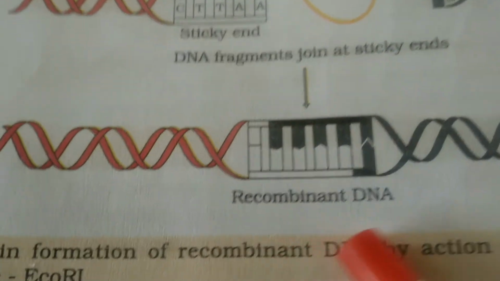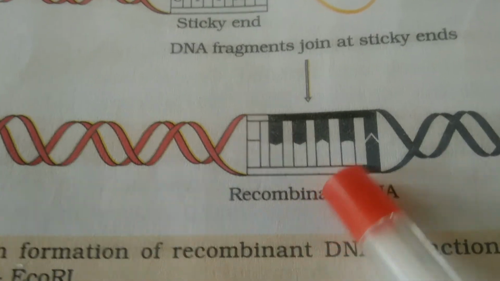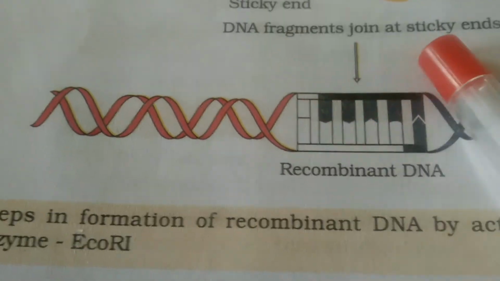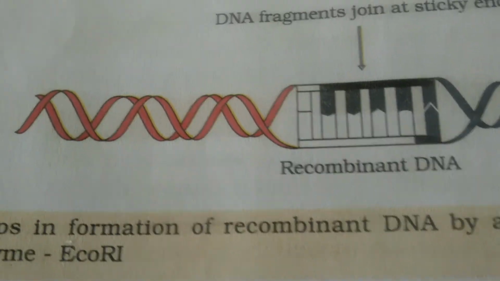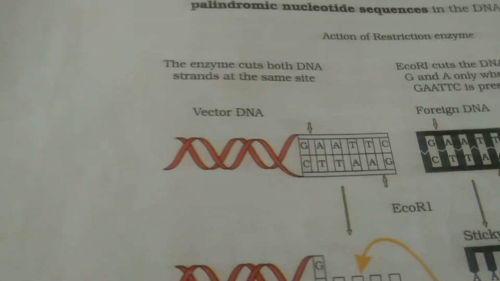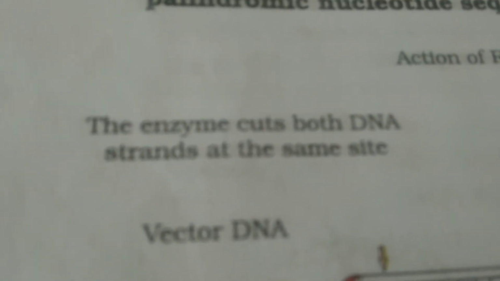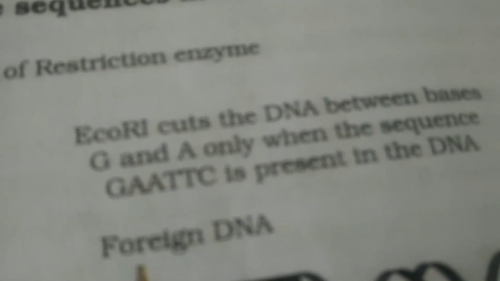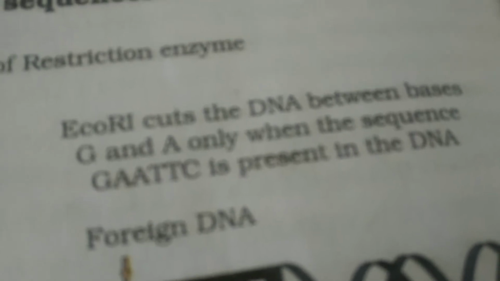Recombinant DNA is formed with the help of one more enzyme, DNA ligase. Therefore, DNA ligase is called a molecular stitcher. Here the enzyme cuts both DNA strands at the same site, that is GAATTC.